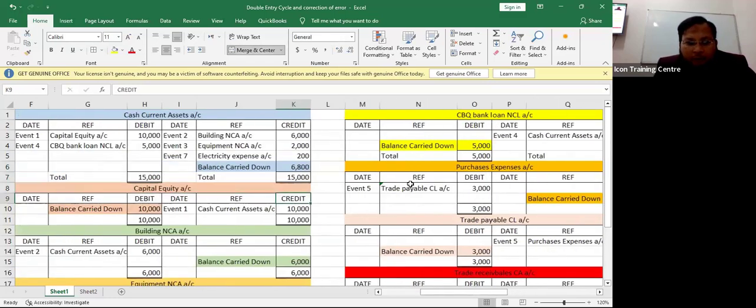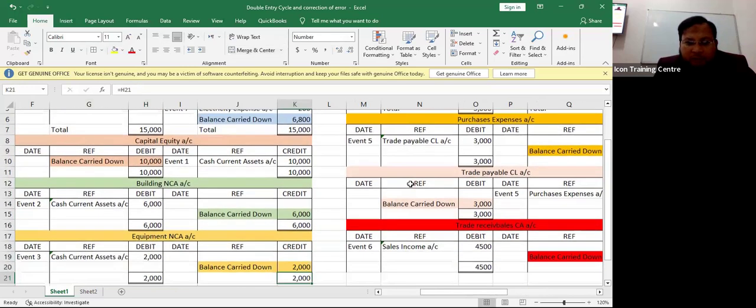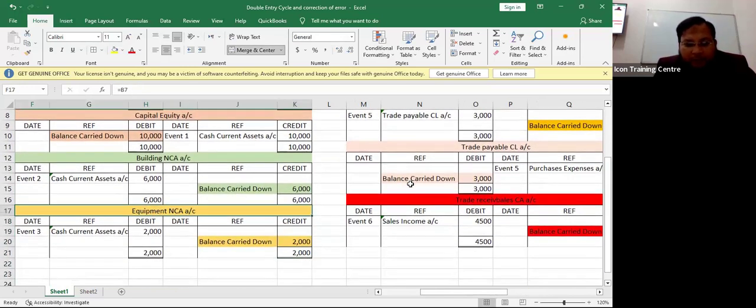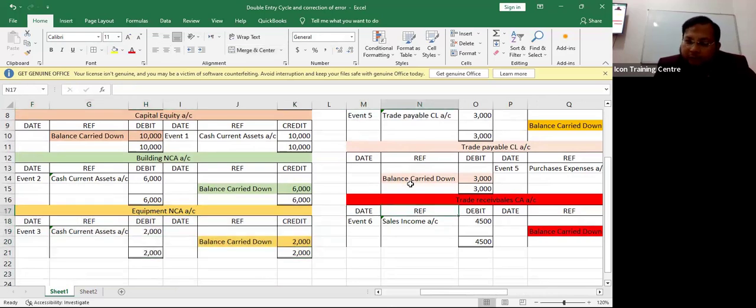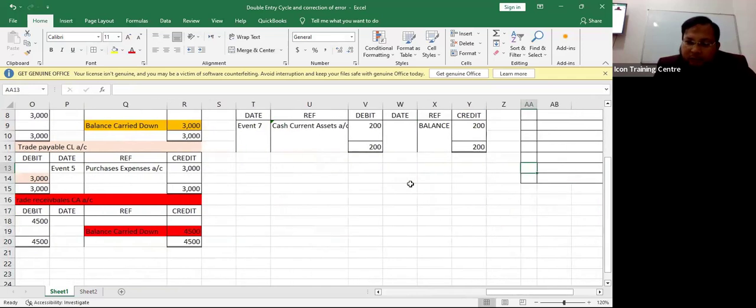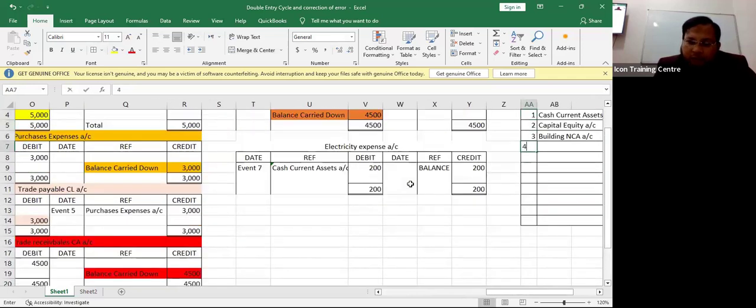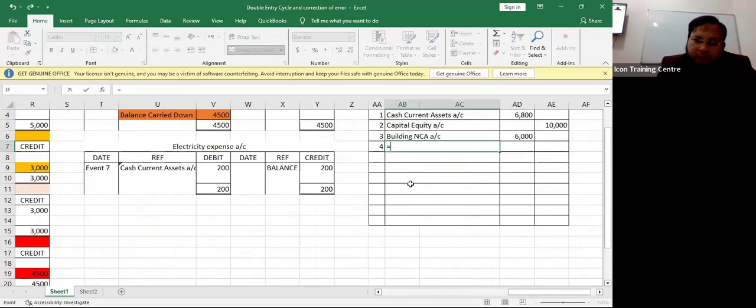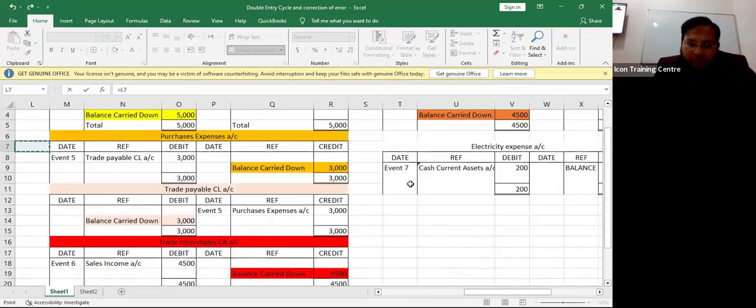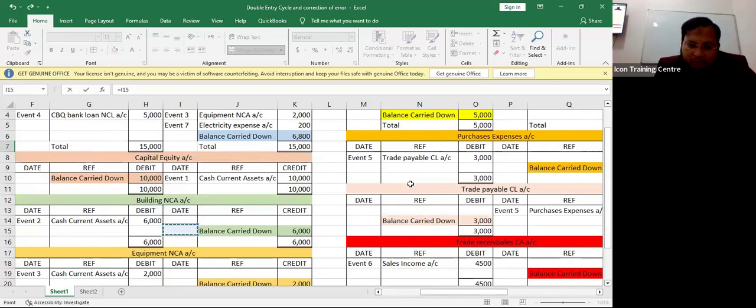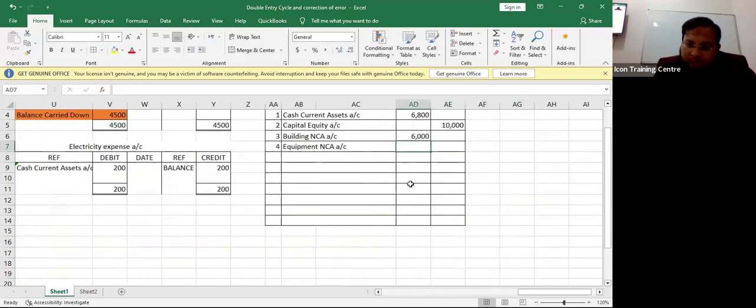Okay. Now we have number 4, which is the equipment account. And the balance of this account is debit or credit? Debit. Absolutely right. So we will write here number 4 is equal to the name of the account. And it's a debit balance, right?